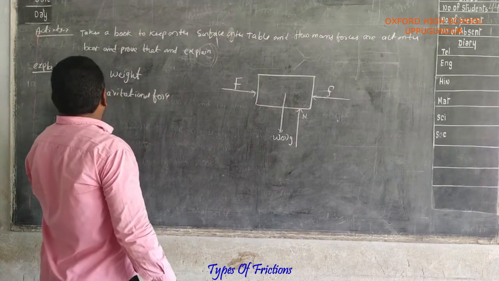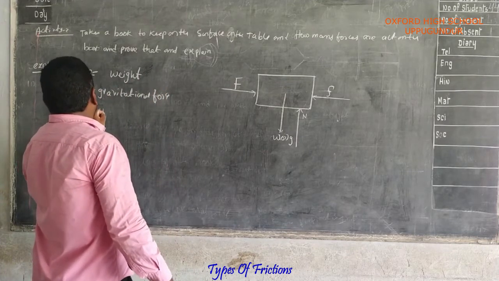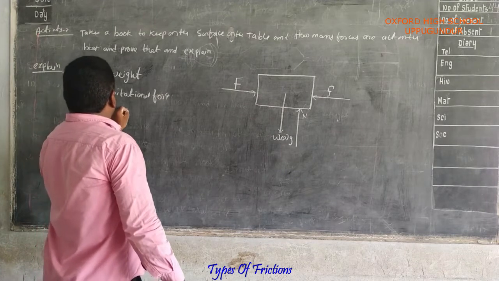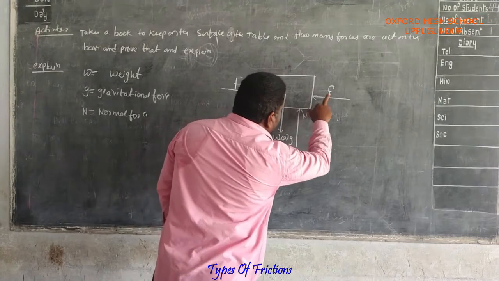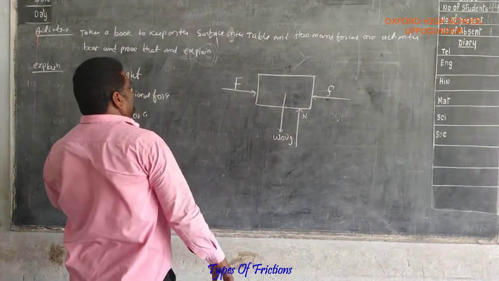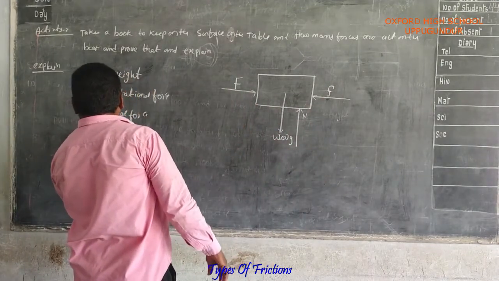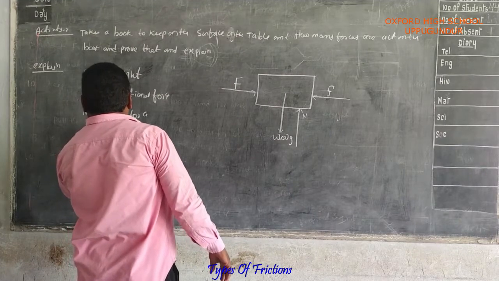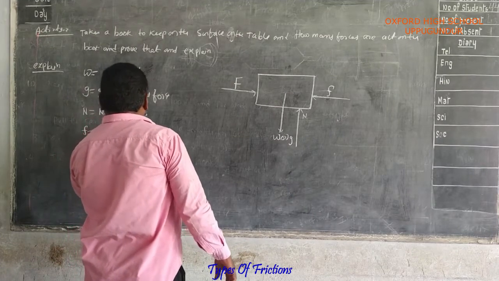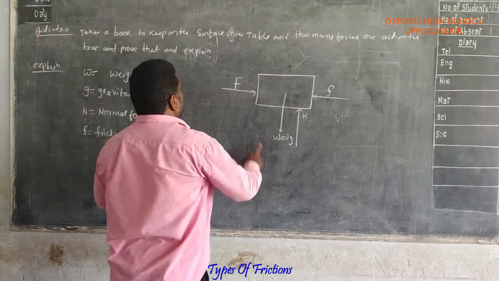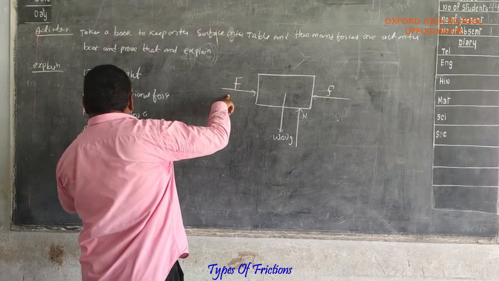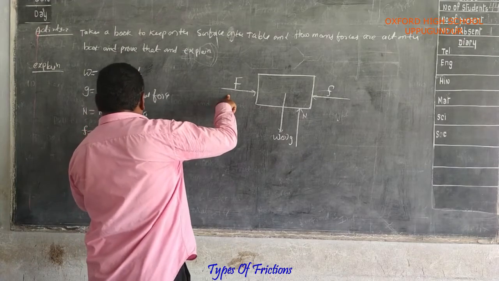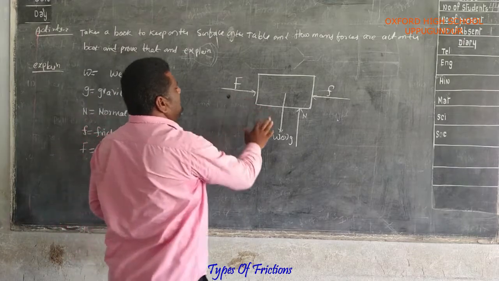Next, N is the normal force. Next, small f is equal to frictional force. Capital F is equal to applied force. These are the parts of the picture.